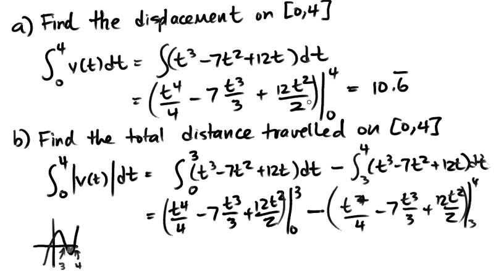By doing that, you'll find that the answer is a higher value than 10.6, because the distance that got cancelled out with the displacement is actually being added to the total distance traveled with this method.